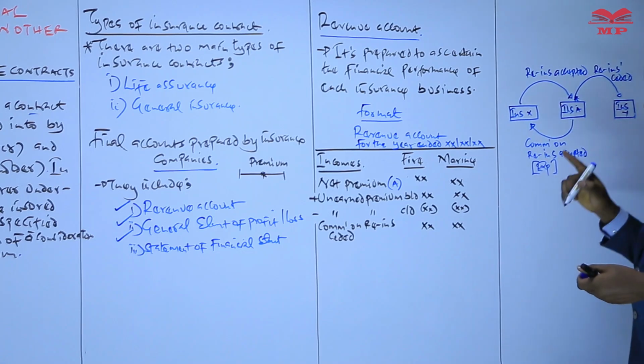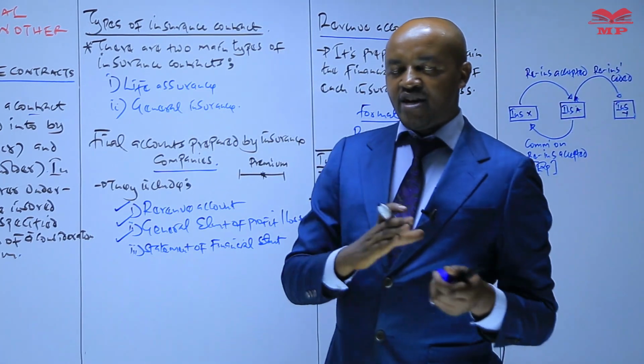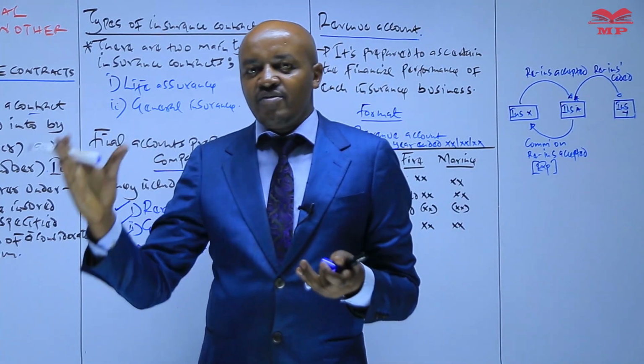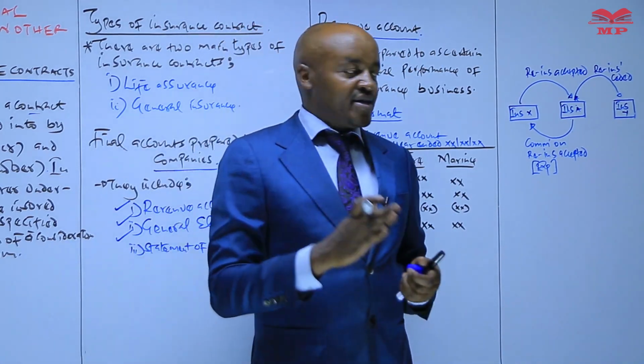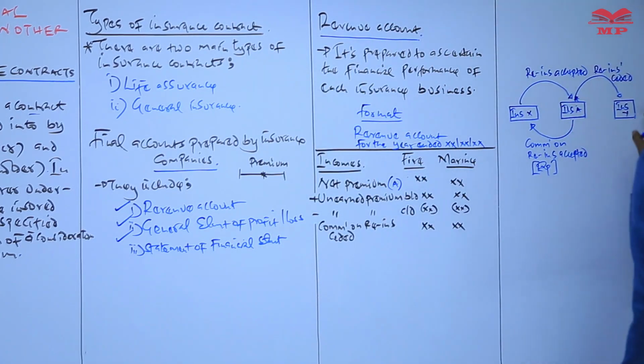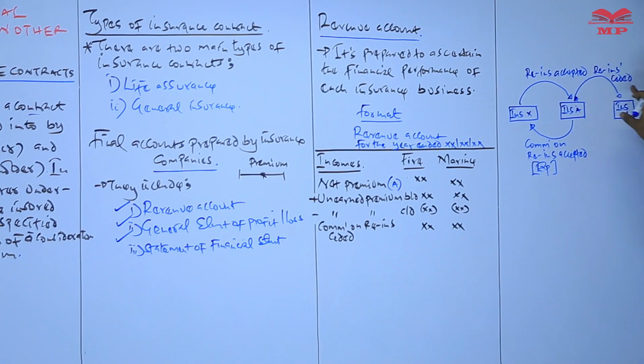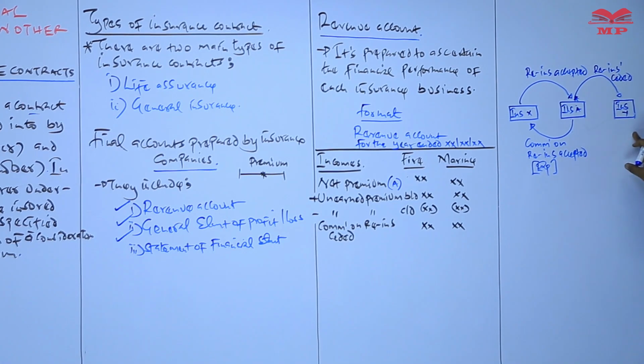This company has ceded ground, and therefore it has decided to transfer some of the risk to another insurance company, say Y. So this company here will have to pay some premium to this one. We refer to that as the reinsurance premium paid.